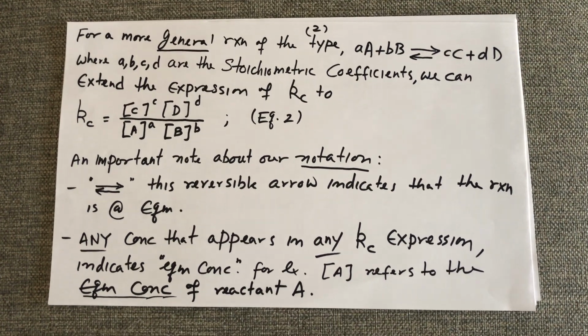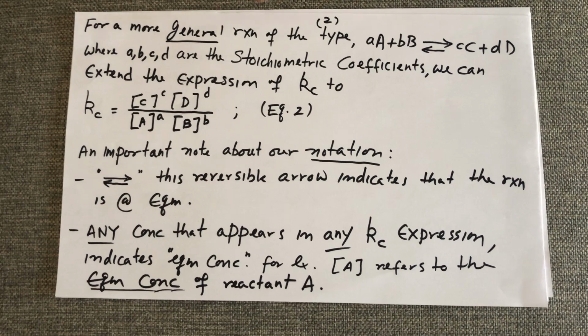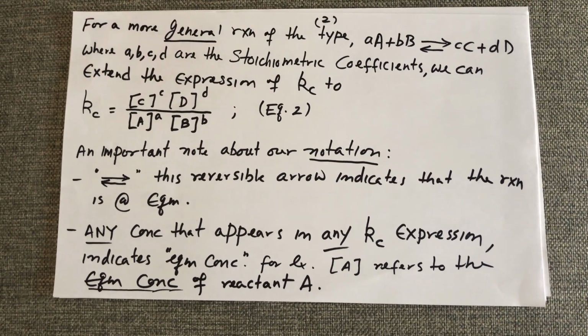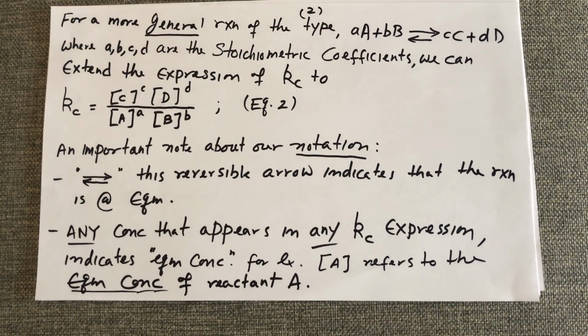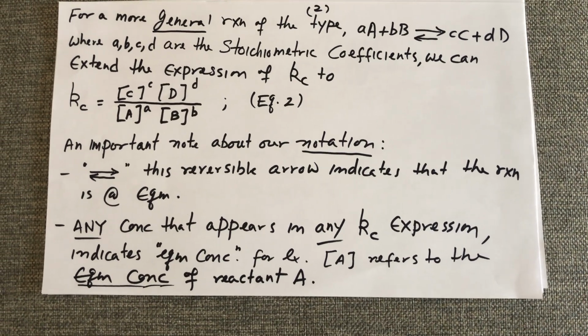The expression for Kc includes now, as is reflected by equation 2, these stoichiometric coefficients. So the stoichiometric coefficients become powers of those concentrations.